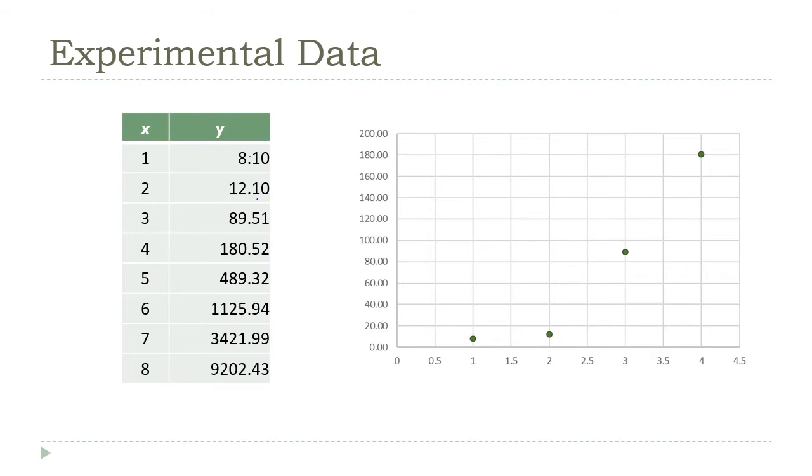And now we can see, yeah, it still has that general exponential shape, although it's not as perfect. This value here that I highlighted a minute ago does look like it's a little out of place. But not so much that I'm going to reject this idea out of hand. That one could just be a little bit of an outlier, or even just have a slightly higher error than the others. So I'm going to proceed with this exponential model and see what we can get from that.